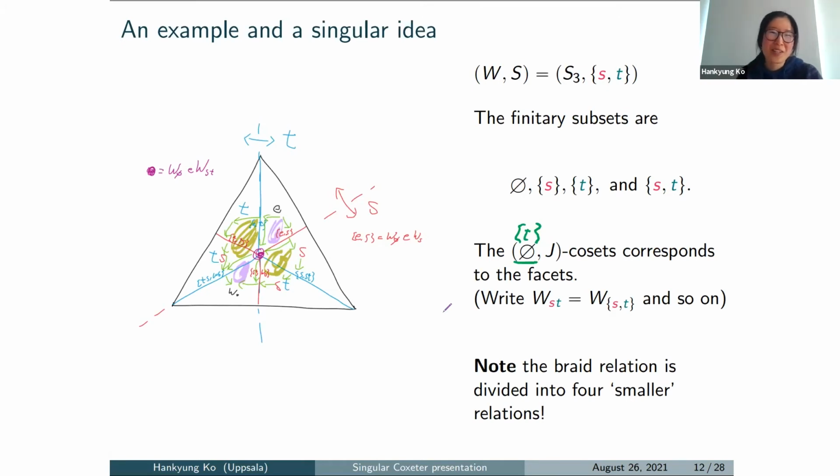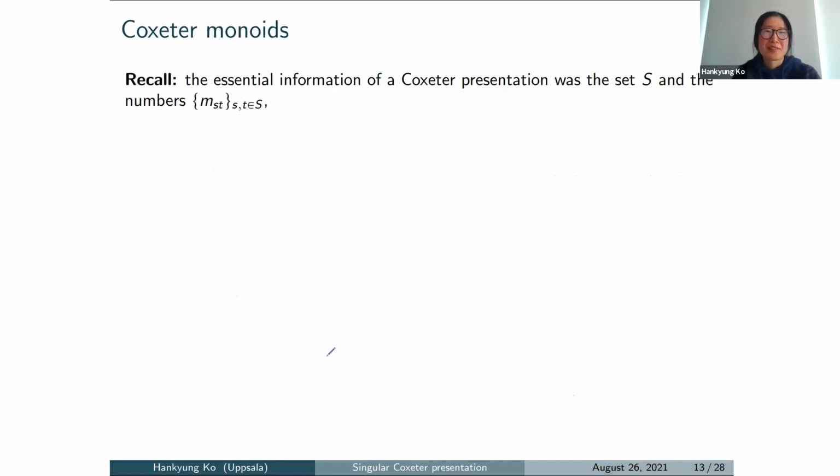The rest of the talk will be to generalize this idea, and to make it easy to write down, I need to introduce the Coxeter monoids.